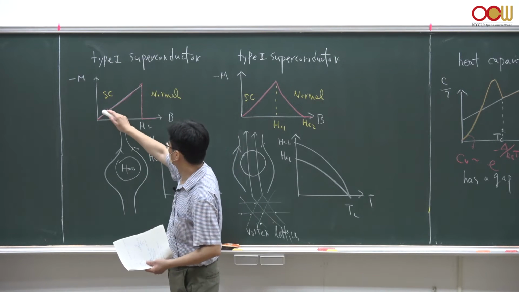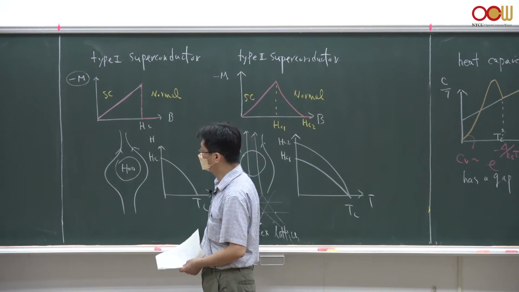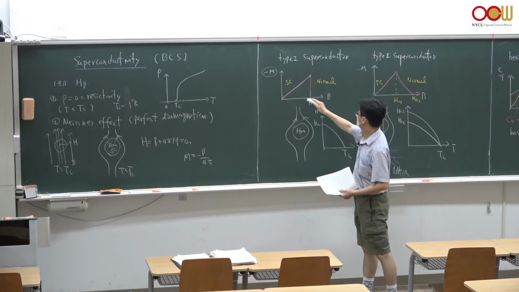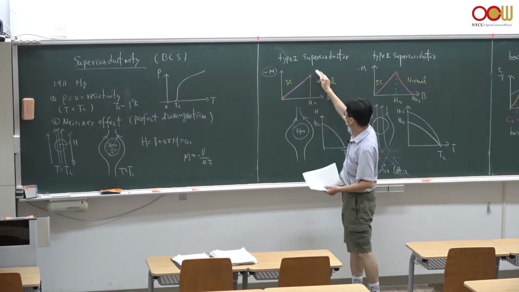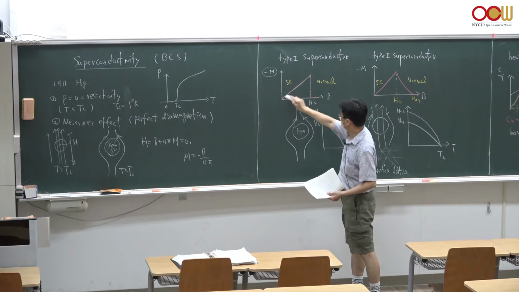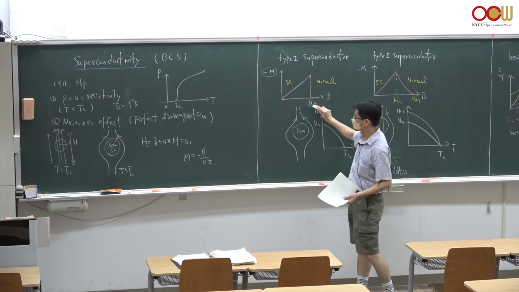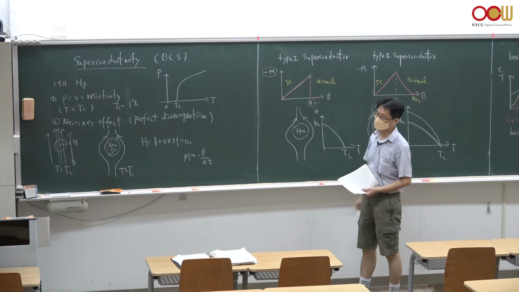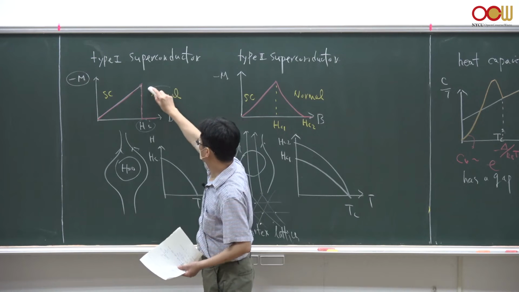The minus magnetization, minus M, that the system induces due to the applied B field, as a function of the B field, shows a linear relation for fields below the critical field. For fields above the critical field, the superconducting state is totally destroyed, so the system becomes a normal metal.